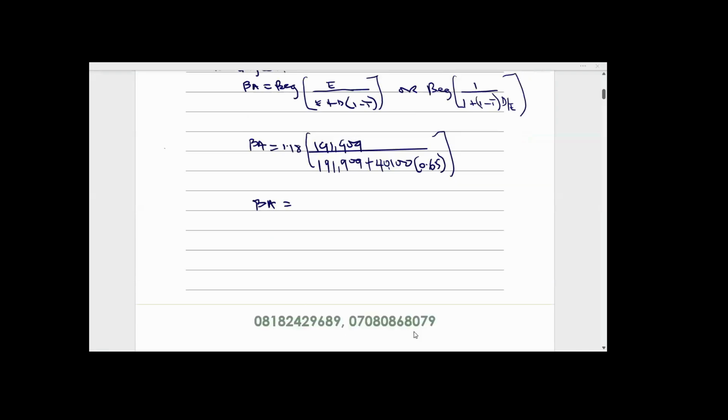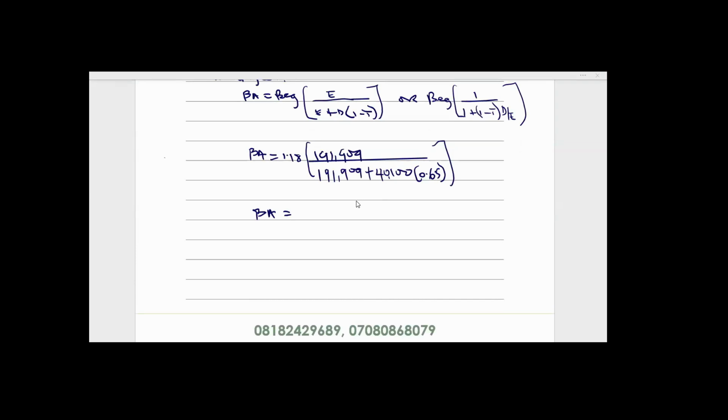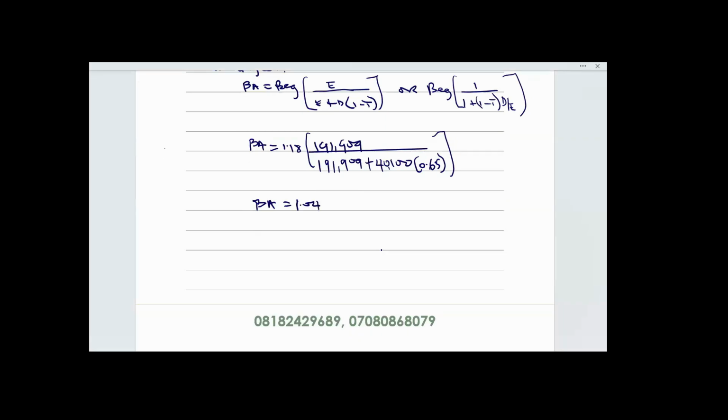Beta asset cannot be more than this 1.18, which is the geared beta. Do the calculation again. 0.65 multiplied by 4,100. 1.04. You are correct, 1.04. That's the answer.